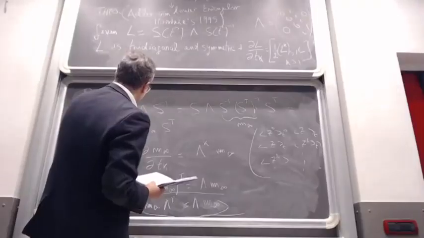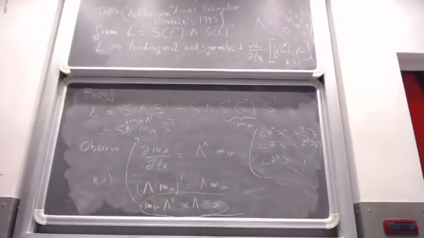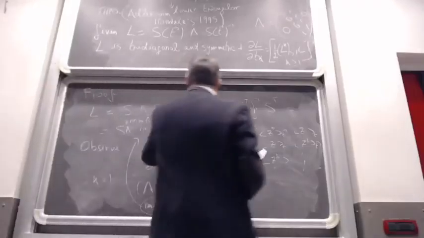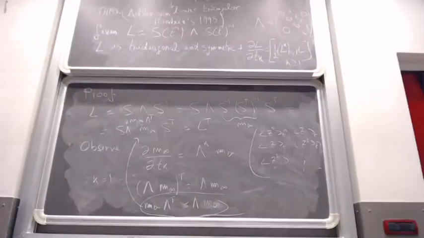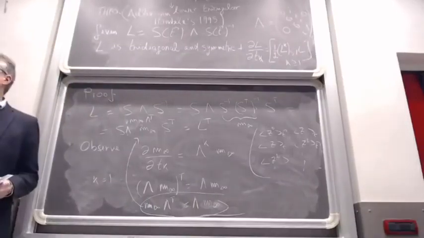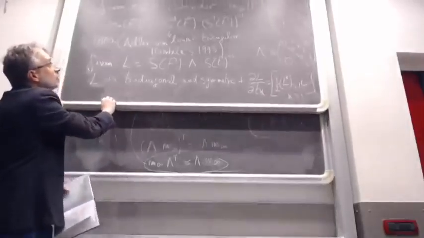So this would be M infinity times lambda transposed. Once you have this, what you get is L transposed. So L is symmetric.